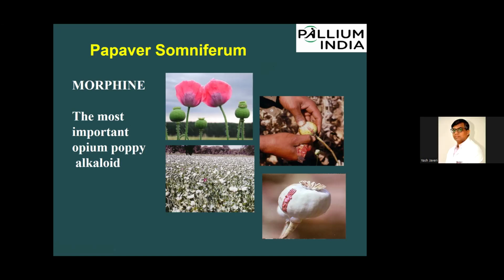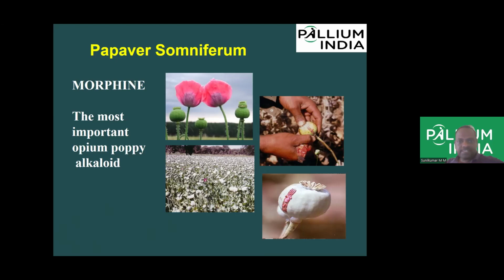So this is legally grown only in these 4 states. You can see these are opium fields, like paddy fields in Kerala and many other states. Opium is available from all parts of the plant, but it is most abundant in the pod.